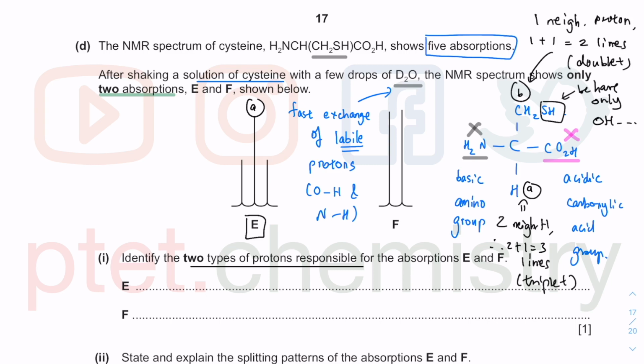They are of equal intensity, 1:1, and this is a 1:2:1 intensity for this triplet. So it looks like that must be B there, and the SH is just another labile proton, just like NH and OH. Although this is not technically in the syllabus, the information very clearly shows that this must be labile as well. That's why you could do a fast exchange with D2O.